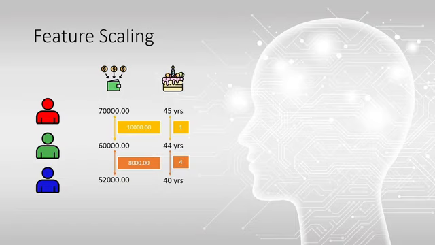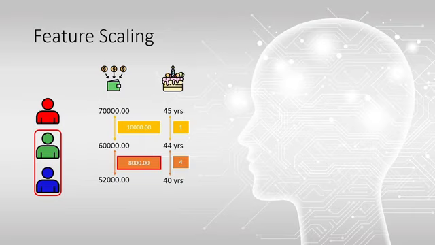We are going to focus on these large magnitude numbers, and out of them we will say that the green person is clearly closer to the blue person because that value is 8,000. It is 2,000 less than the difference between the green and the red person. And as a result, we would group the green person with the blue person.